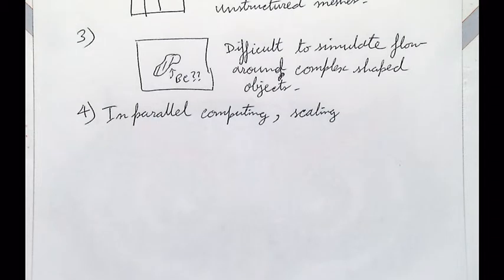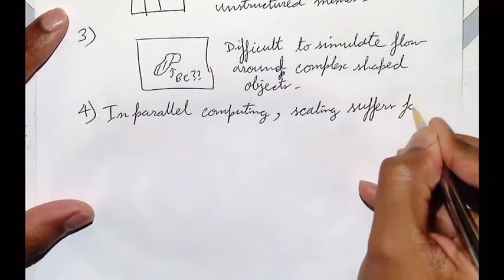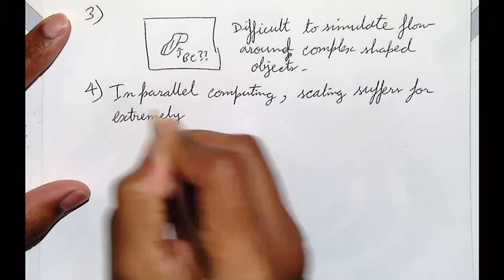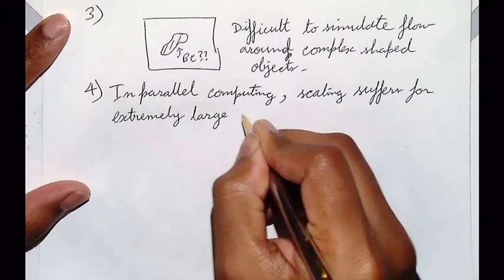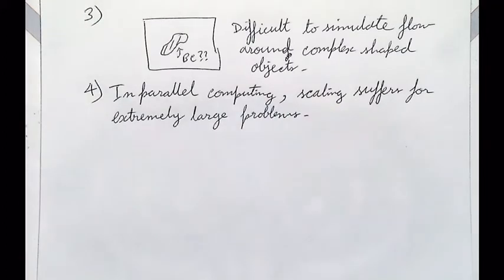That's perfect scaling. So scaling suffers for extremely large problems. And that has to do with, again, for evaluating the FFT, you need information at all grid points. So if you break your domain up to different computers, they have to keep communicating with each other. So everybody knows everybody's data.